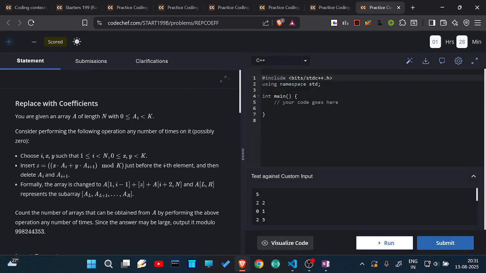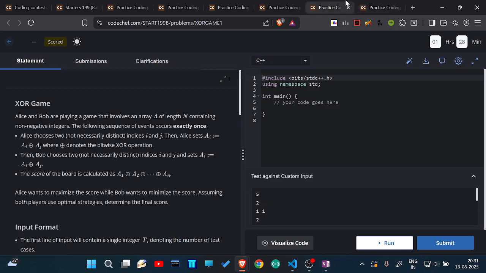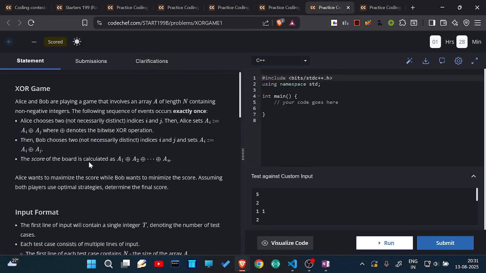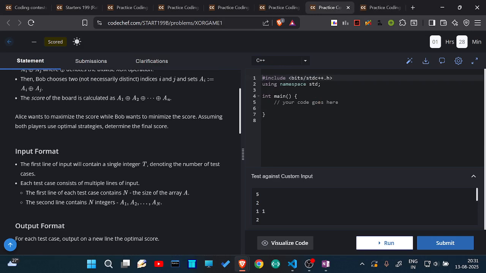At some point we have to do XORing. We keep on doing XORing.